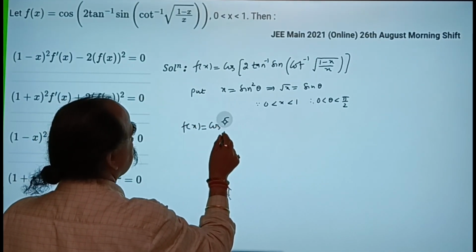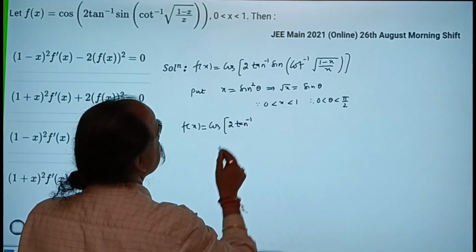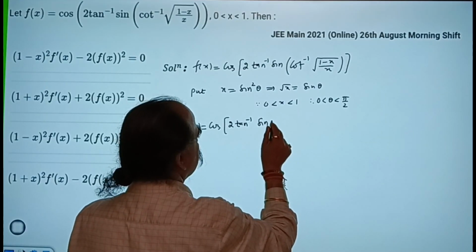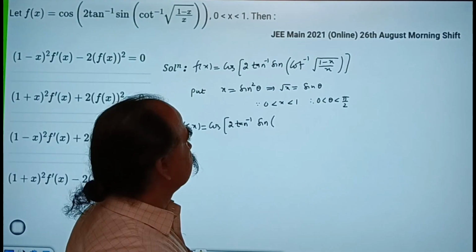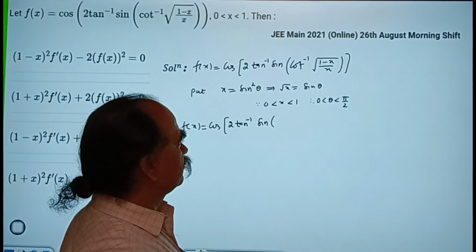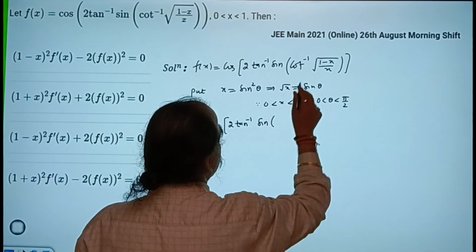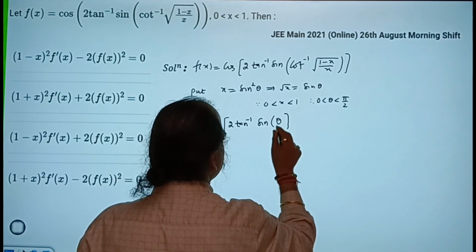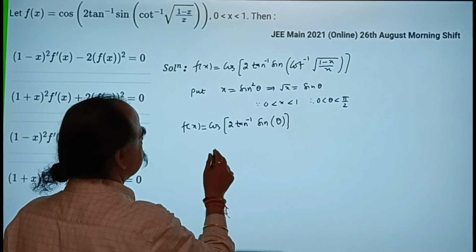Cos of 2 tan inverse of sine of cot inverse: 1 minus sine square theta is what? Cos square theta upon sine theta, that is cot theta. Cot inverse cot will give you what? Theta. Now sine theta is what? Root x.